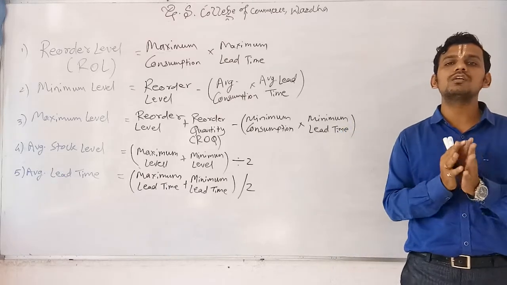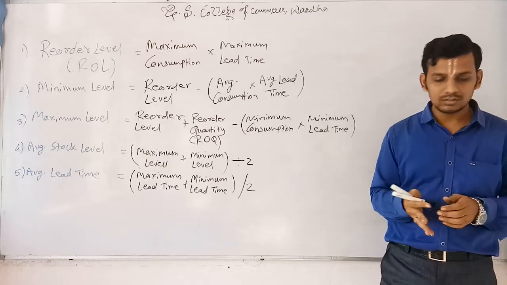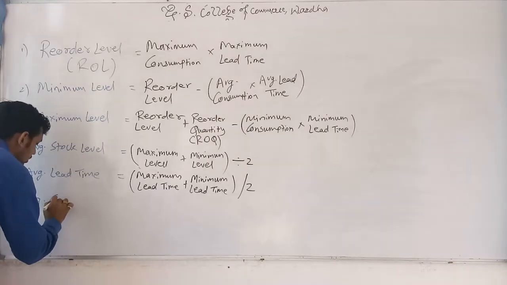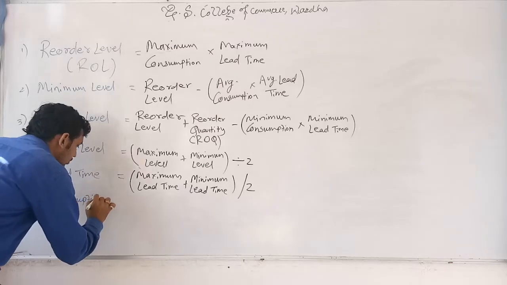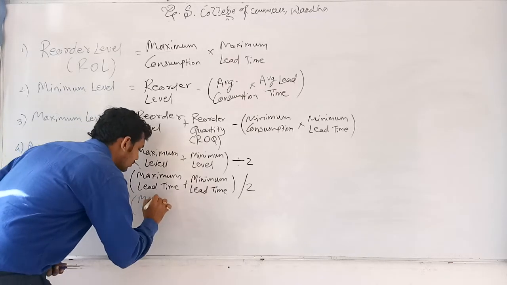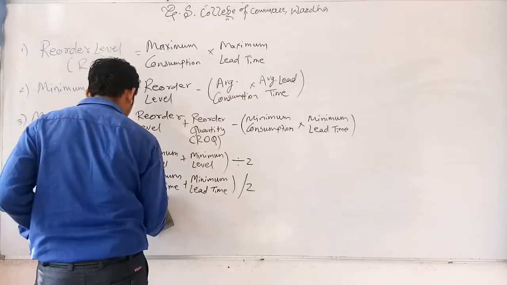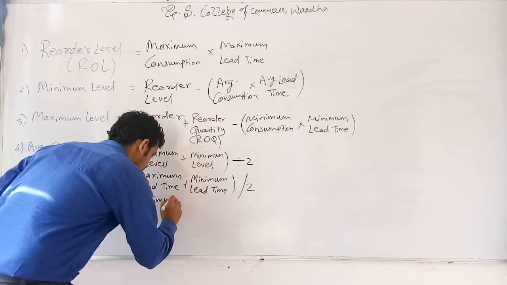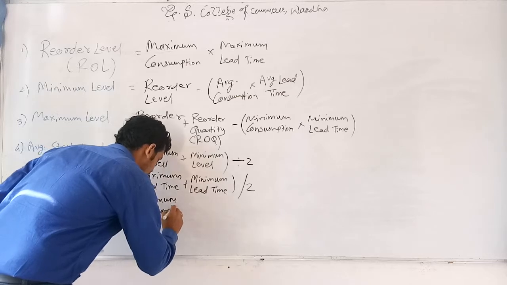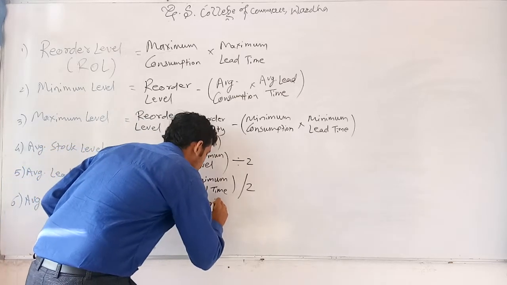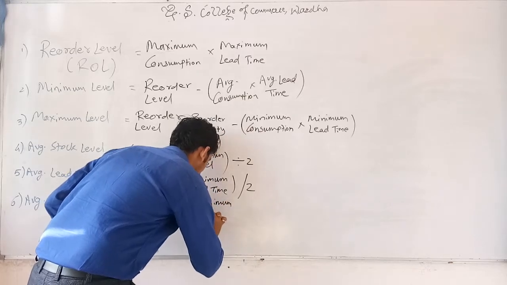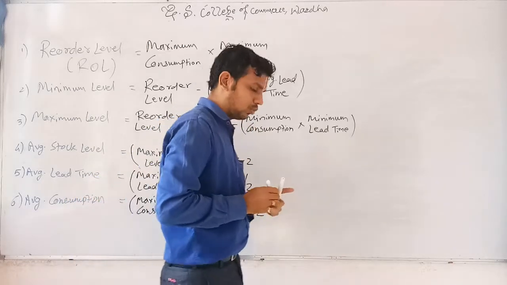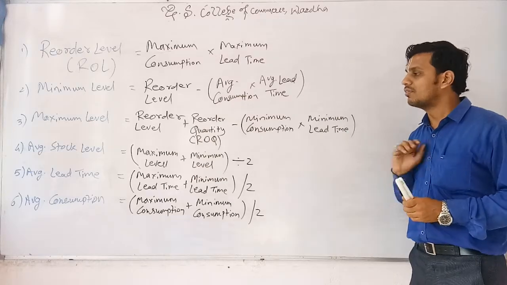But if normal consumption or average consumption is not given in the question, then average consumption can be calculated using the last formula: average consumption is equal to maximum consumption plus minimum consumption divided by 2. This is the formula for calculation of average consumption.